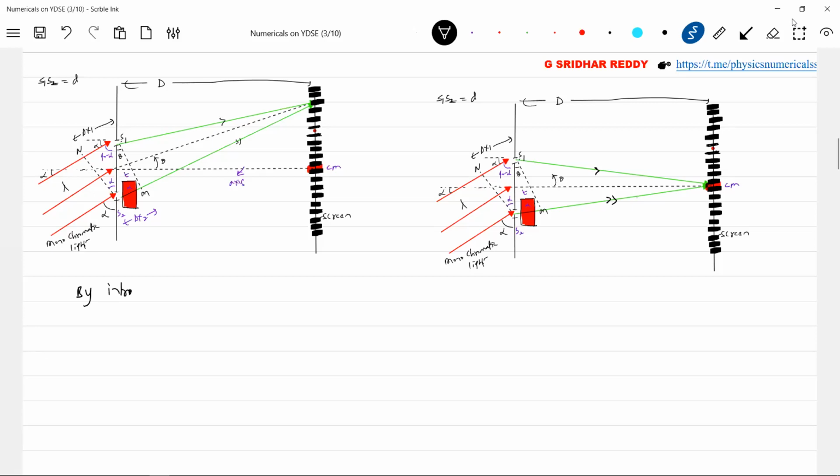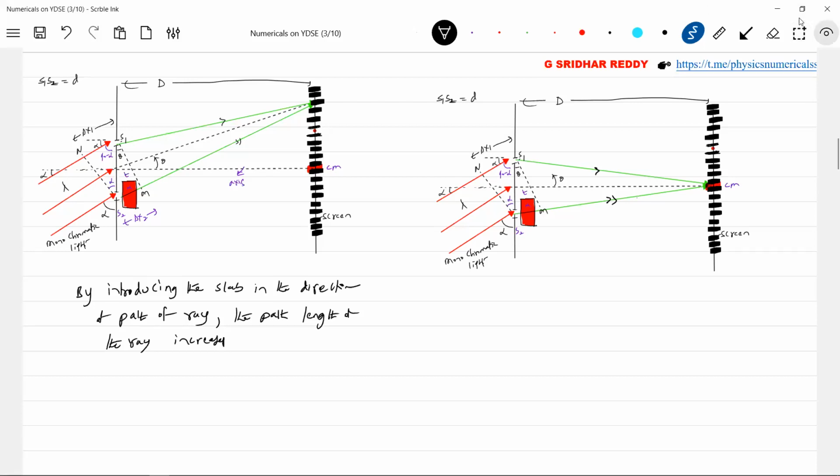By introducing the slab in the direction of the path of the ray, the path length of the ray increases. It's the simplest thing: if a slab is introduced in the direction of the path of the ray, the path length of the ray will increase.